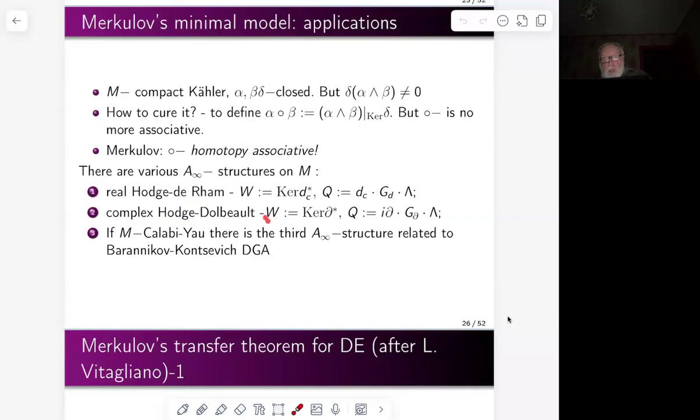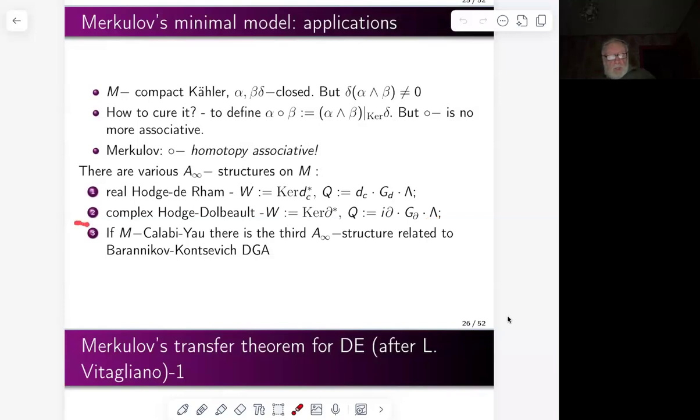And the W space is given by the kernel of d star partial. And Q, a degree minus 1 operator, is I times d partial green operator, which corresponds to d partial, and again this big lambda, which is dual to multiplication by the canonical form.